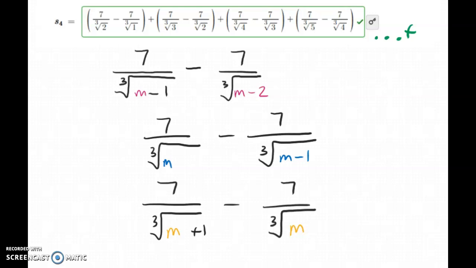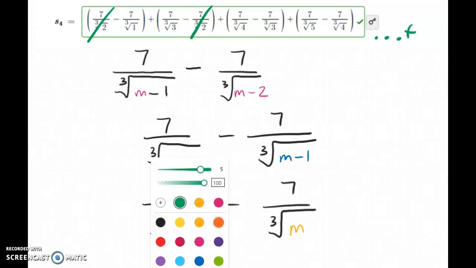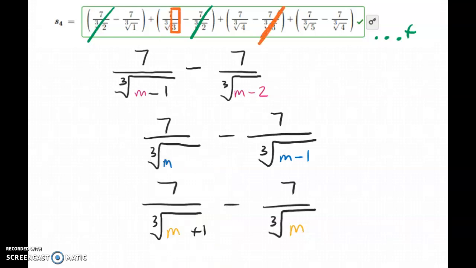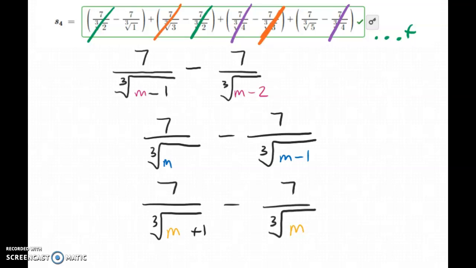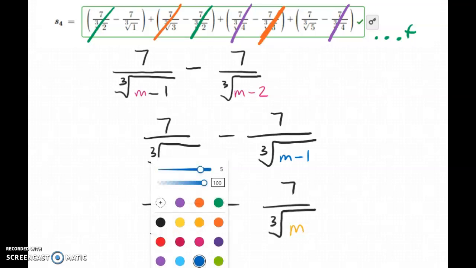The 7 over the cubic root of 2 here, and this would be minus, so that's going to zero out. Then 7 over the cubic root of 3 minus 7 over the cubic root of 3 also cancel each other out. And then 7 over the cubic root of 4 minus 7 over the cubic root of 4. We can see the pattern emerging. The next term would have 7 over the cubic root of 5, and that would cancel out over here.